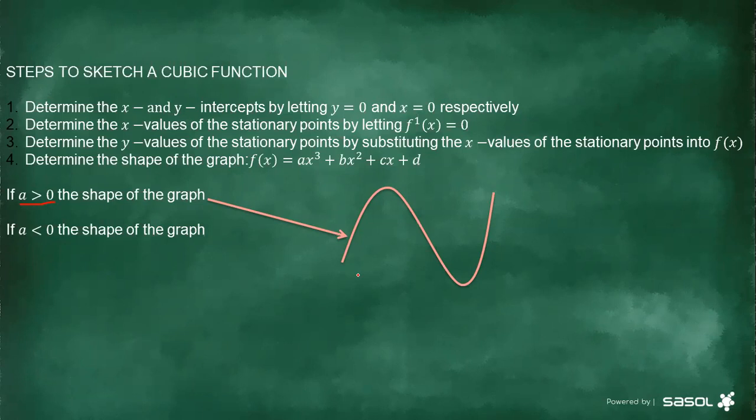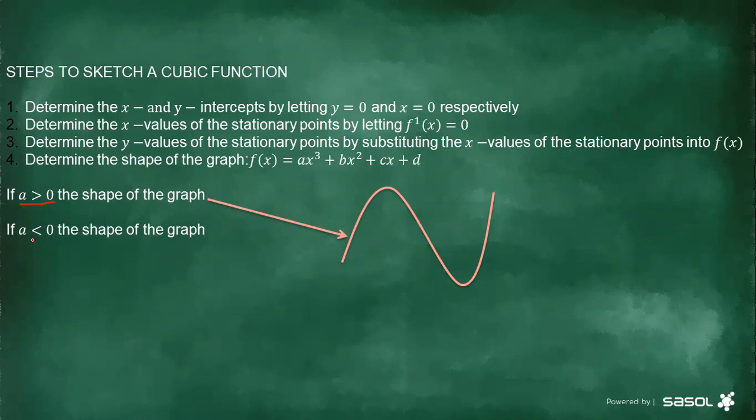But if you don't understand that, it's going to be very difficult to join all those points after you have determined the x-intercept, the y-intercept, the stationary points, and then plotted them. If you don't know the shape of the cubic function, it's going to be very complicated for you to draw it. But just remember, when a is greater than 0, meaning the coefficient of x cubed is positive, this is going to be the shape of the cubic.